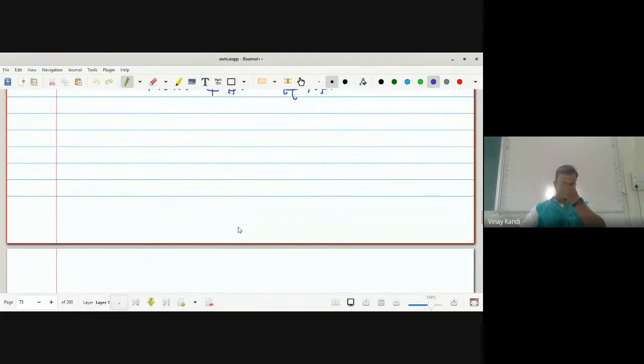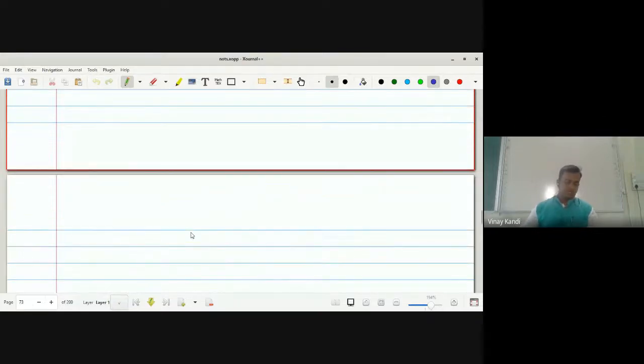So today we will start a new concept, the Sylow P subgroup. We saw in the last lecture what a P group is, and a P subgroup. Now today we will see the Sylow P subgroup.